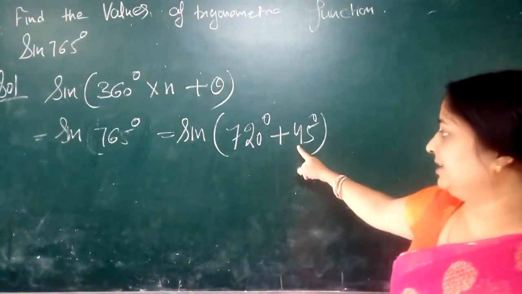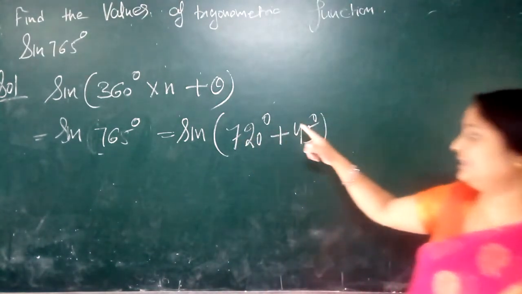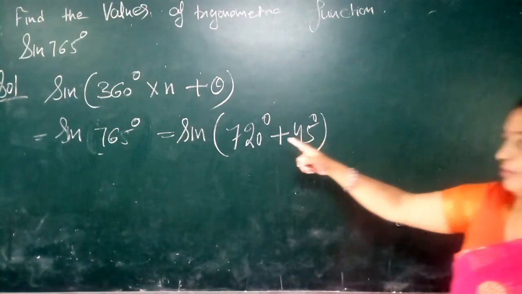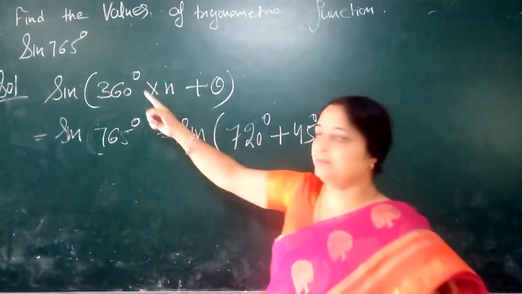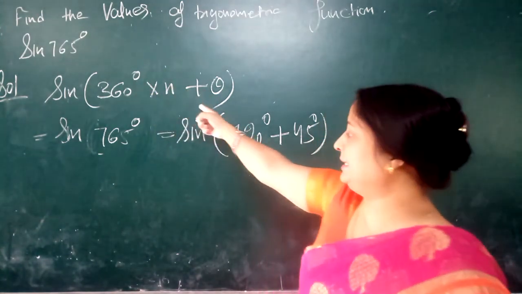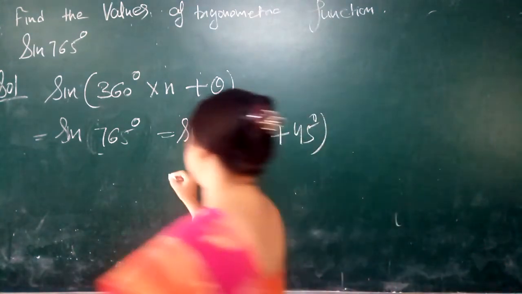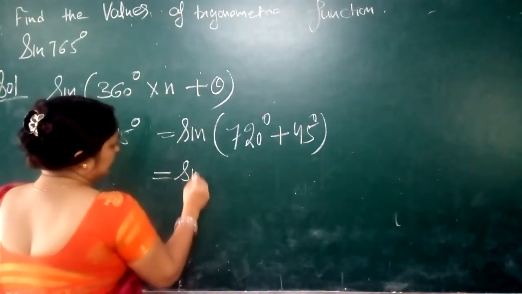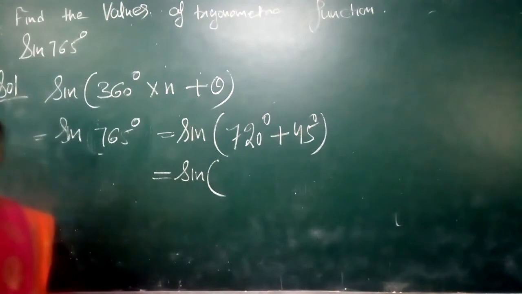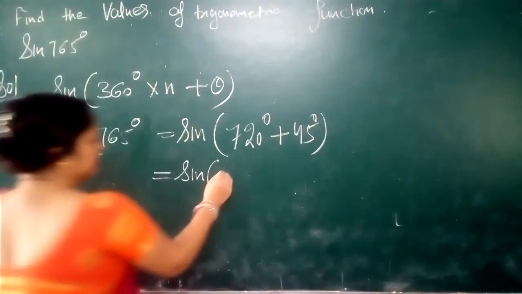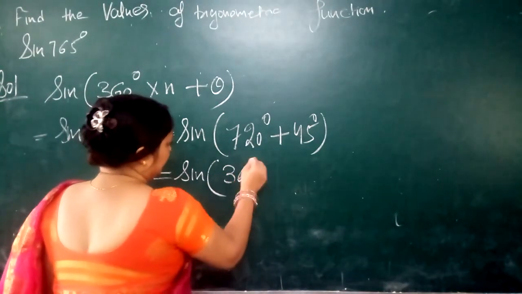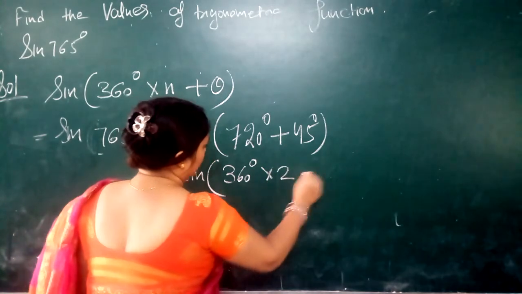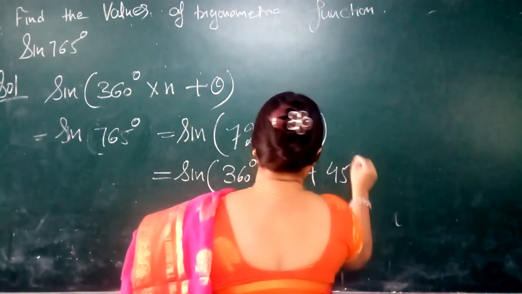This is theta. Now we will break 720 in the form 360 into n plus theta. Dividing this term by 360, it will come 360 into 2 plus theta, where theta is here 45 degree.